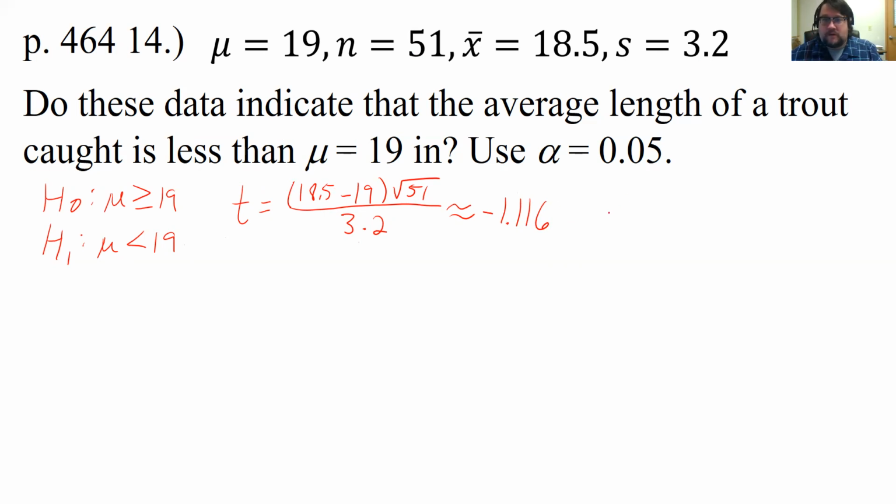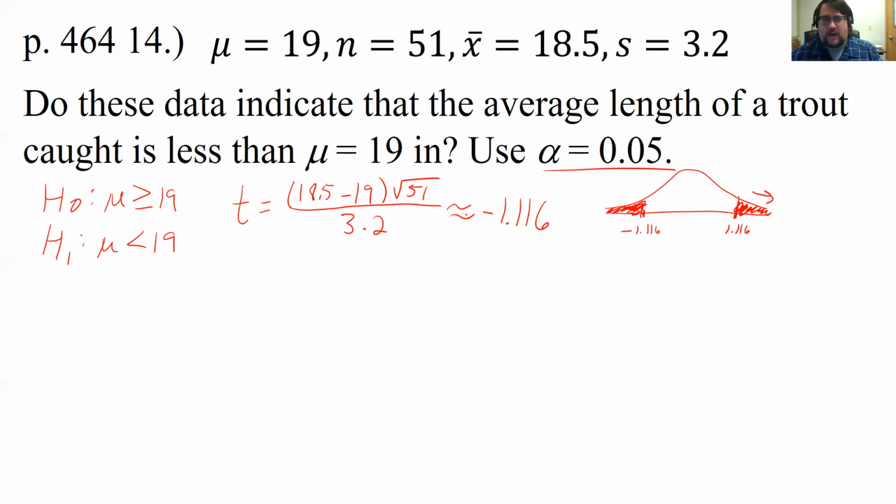All right, so what we're really trying to figure out is whether from this value here and lower, that is going to be smaller than this alpha. But again, the table isn't really set up for that. It uses absolute values. So we're going to come over here to positive 1.116, and that's the value we're going to use on the table. Again, because of symmetry, it doesn't matter, but it's good to understand what's going on.